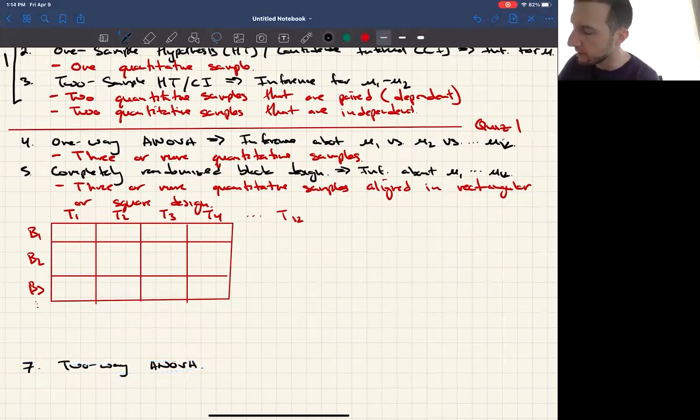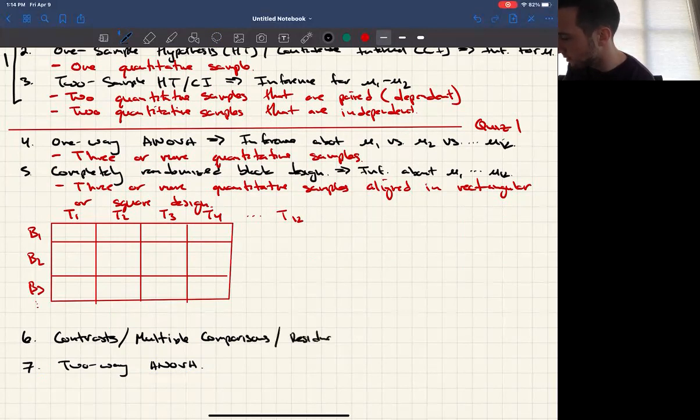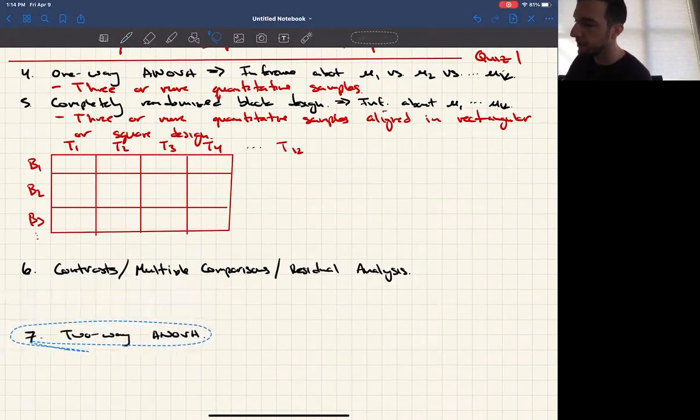Now, just before I talk about that, I will mention that in lecture set number 6, we talked about contrasts / multiple comparisons / residual analysis. Okay. And these 3 units are 3 general units that can be applied in any of the ANOVA situations, right?